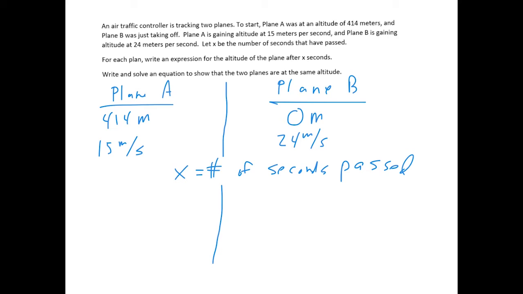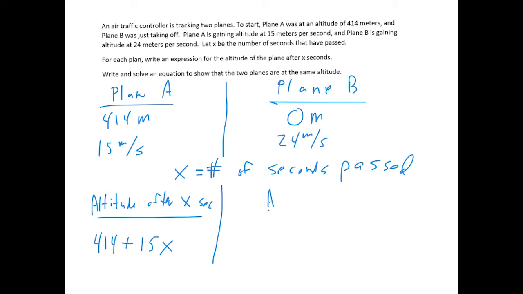So for plane A, the altitude after x seconds is going to be, well, they start out at 414 meters, and we're going to add to that 15 meters per second times x seconds.